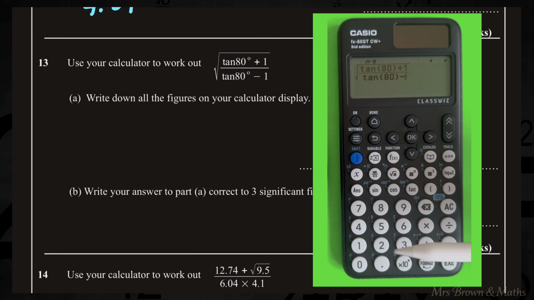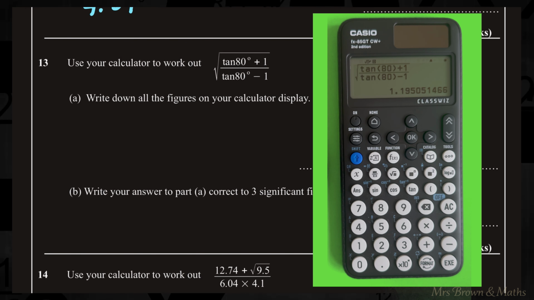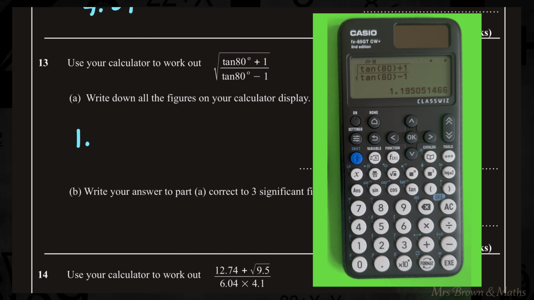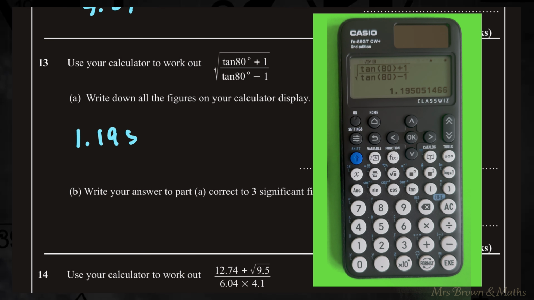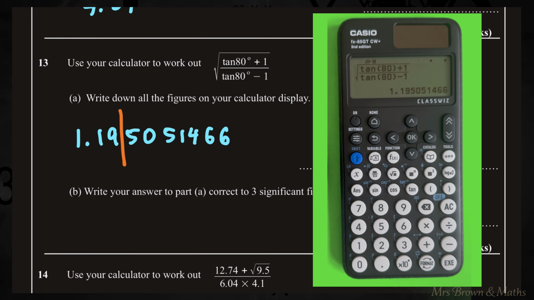Take away 1 equals 1.195051466. Three significant figures. It is 1.19, but we have to have a look at the following digit.